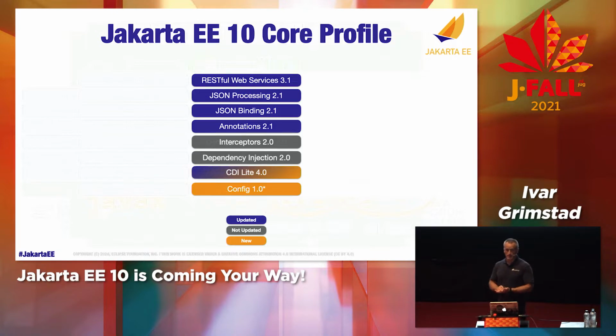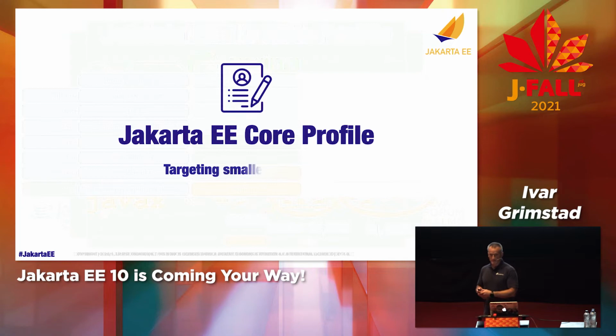With this core profile, I'll dig a little bit deeper into what we're doing here. And you can see one of the key elements of the core profile is CDI Lite. So that's the important thing we're bringing in and making possible with the core profile. So let's look at the core profile a little bit in detail.